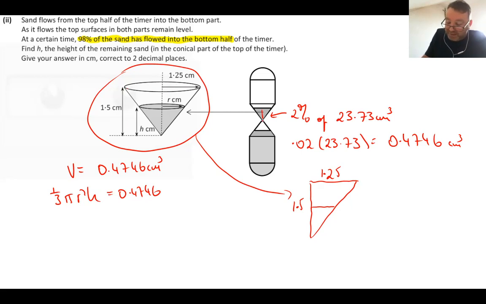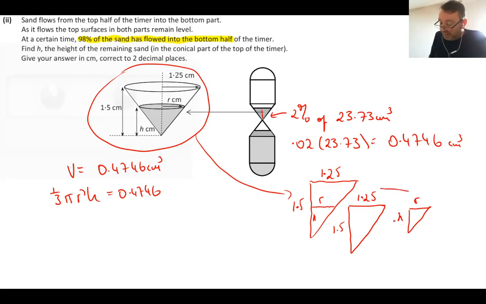Then the remaining bit of sand is R and H. Now, if I was to take those as two triangles, the large one and the small one, and give them each their respective numbers and letters, 1.5, and then here R and H, immediately what you can see is that the ratio between these two would be the same as the ratio between these two. So we get a lovely fraction.